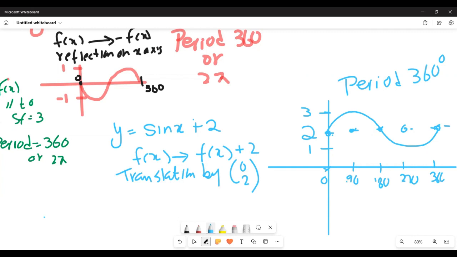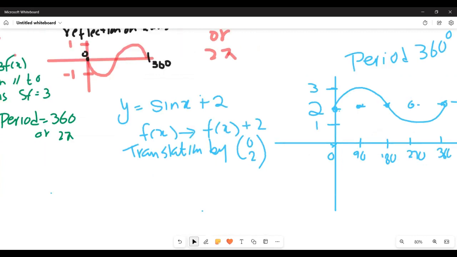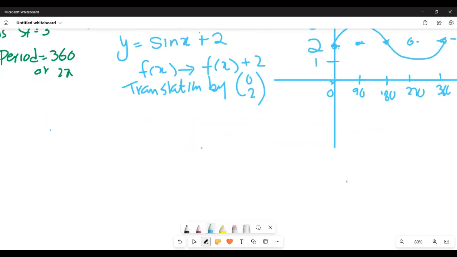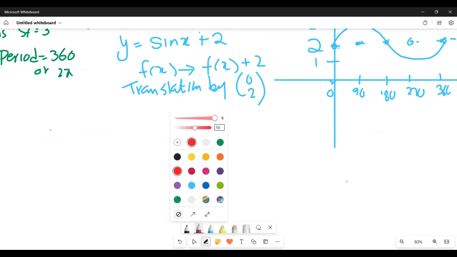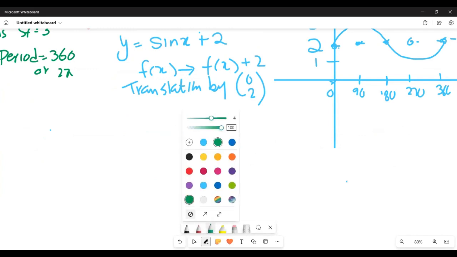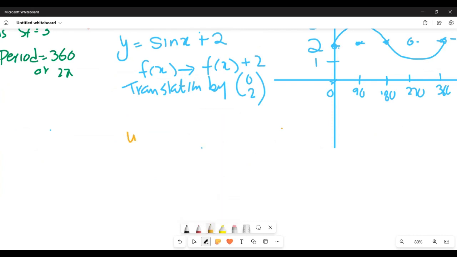Okay. Now let's sketch the graph for y equals minus 2 sine x plus 5.